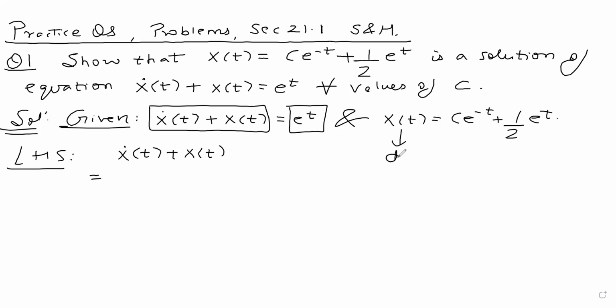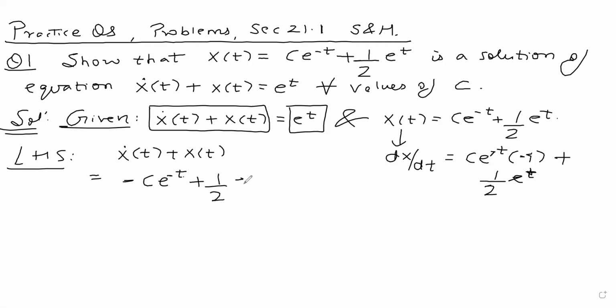From this, can I quickly find out dx by dt? It's c e to the power minus t times minus 1, plus half e to the power t. So my dx by dt comes out as minus c e to the power minus t plus half e to the power t.